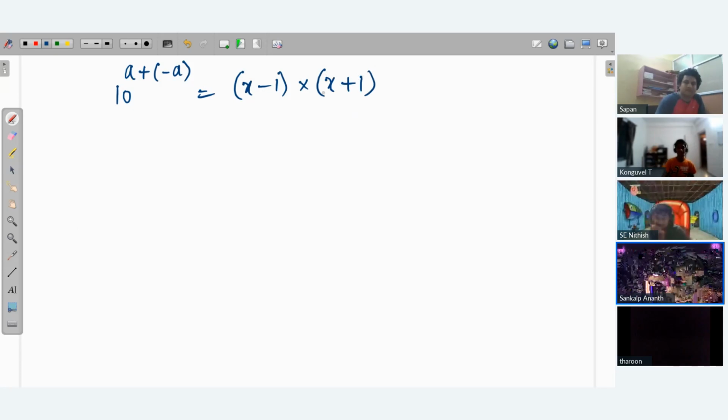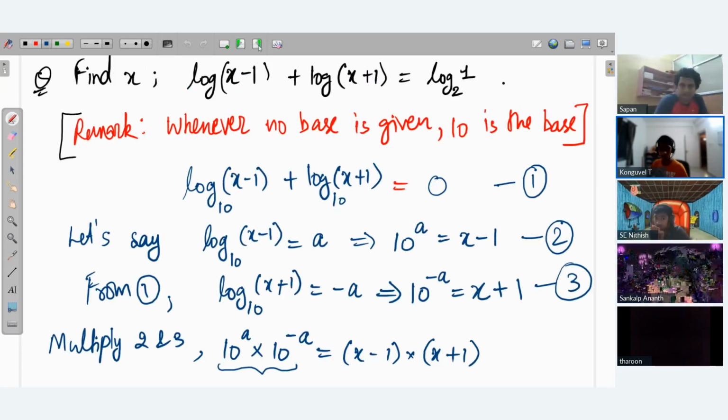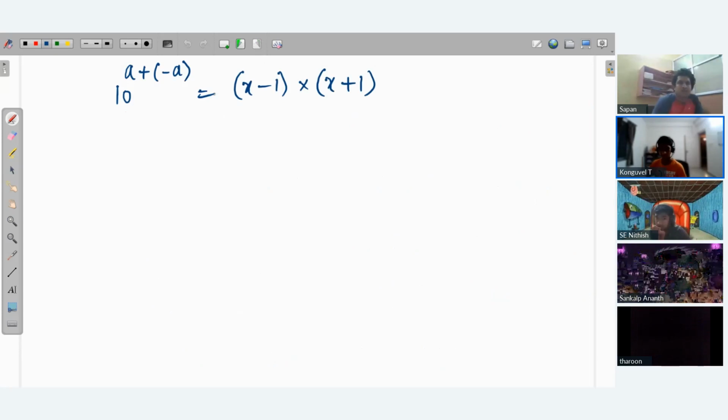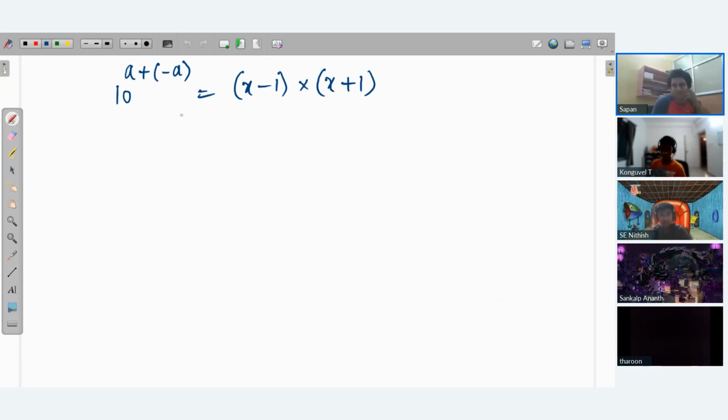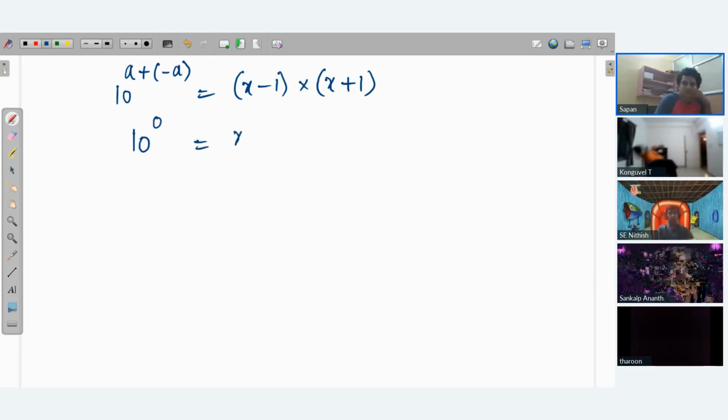Yes, sir. Now, is the answer root 2? We'll see. So this is 10 raised to the power 0 equals x square minus 1.